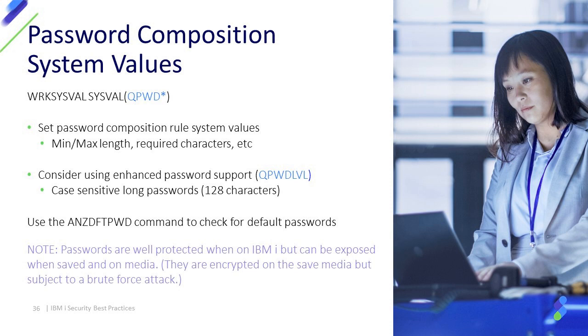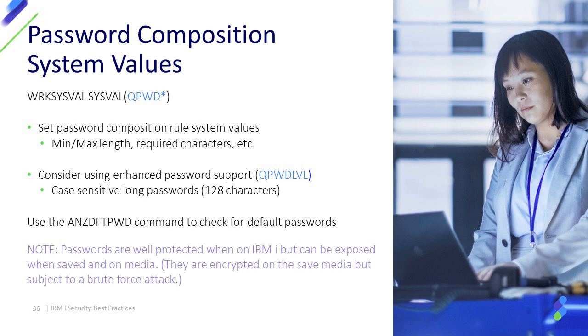The passwords, as they sit on IBM i, are very, very well protected. But from a best practices perspective, you really want to think about your saved media as well, right? So your save security data. When you back up the users, the passwords are backed up on tape as well.